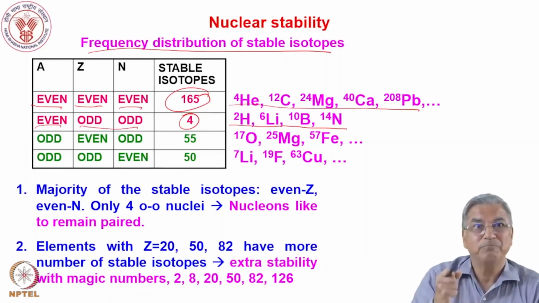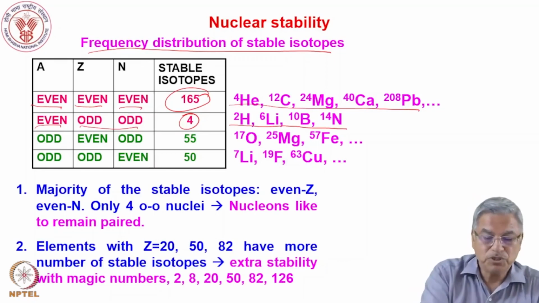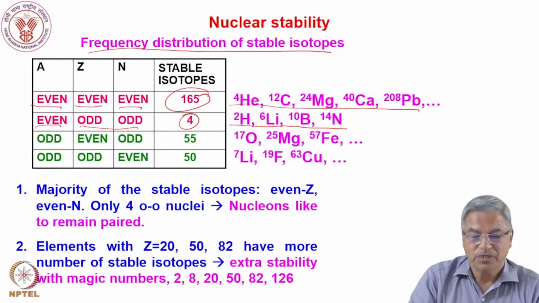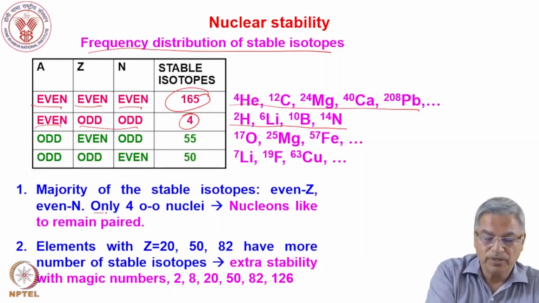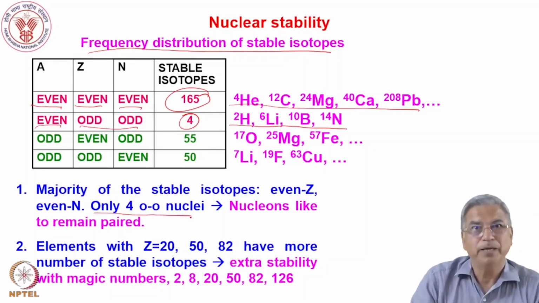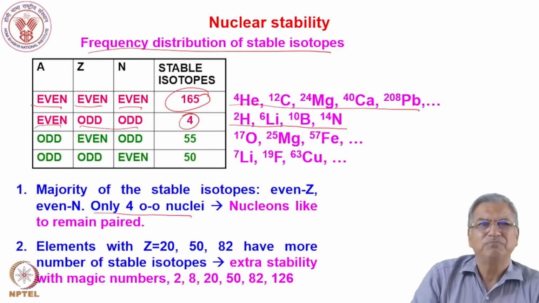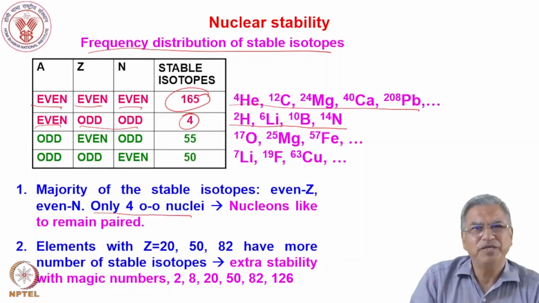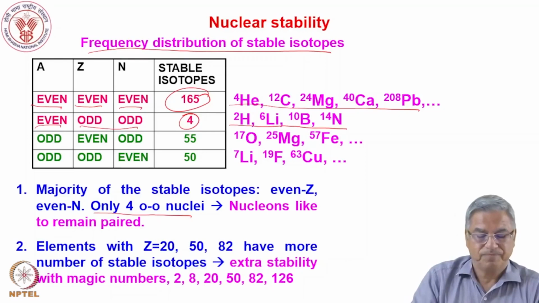They like to remain paired up. So the majority of the stable isotopes are of even type, and only 4 nuclei are of odd type. Therefore, pairing energy plays a very important role in the stability of the nucleus.